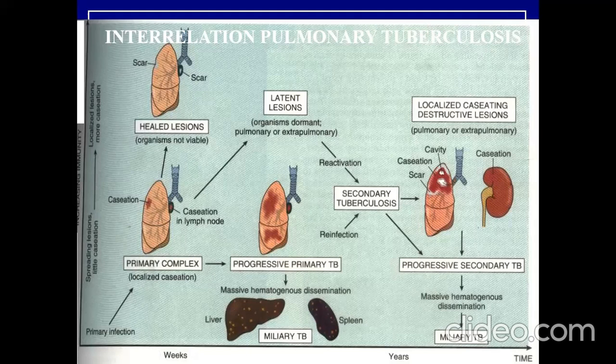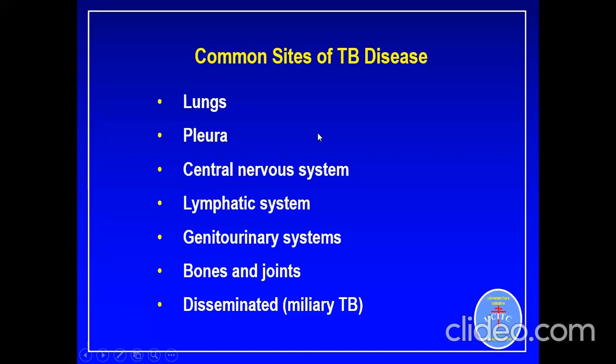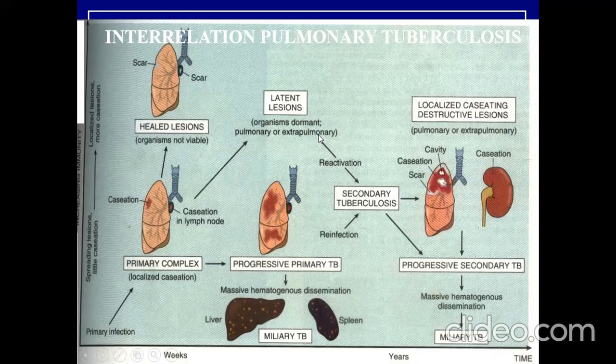Now, as we saw in the earlier slides, the risk of people developing active tuberculosis: if the person develops any of those earlier named conditions, then there is reactivation of these latent lesions, which occurs in any of the sites where the organisms have lodged.